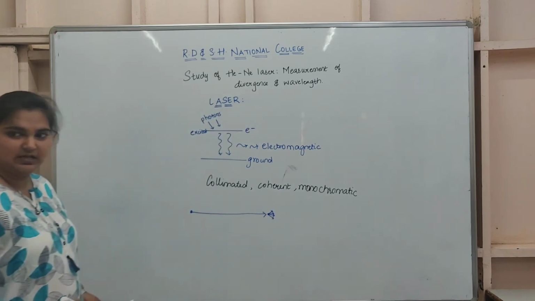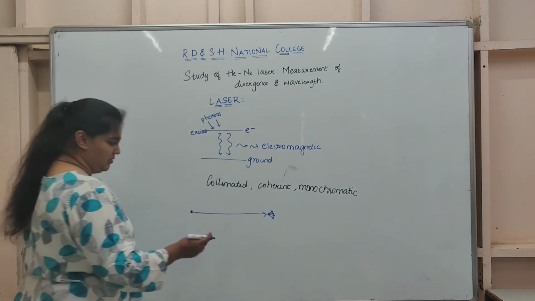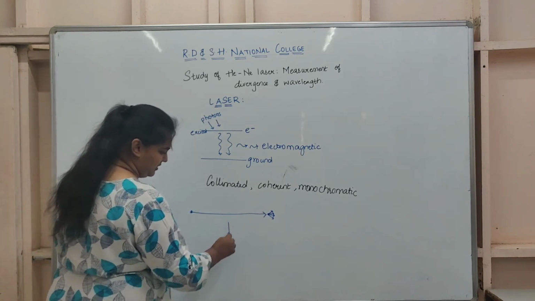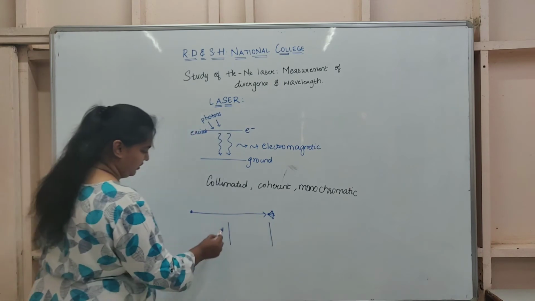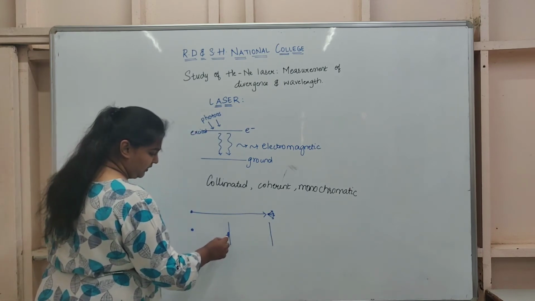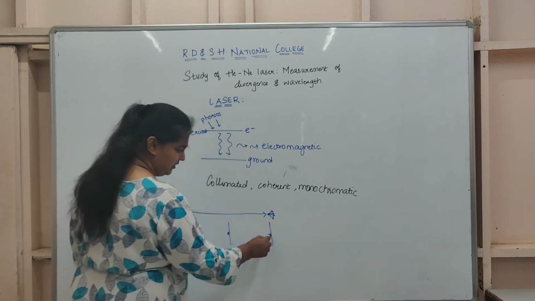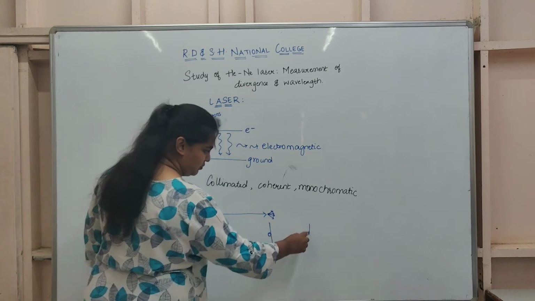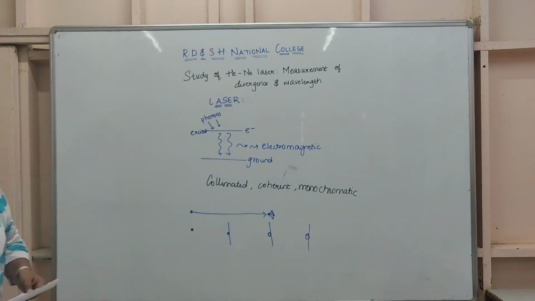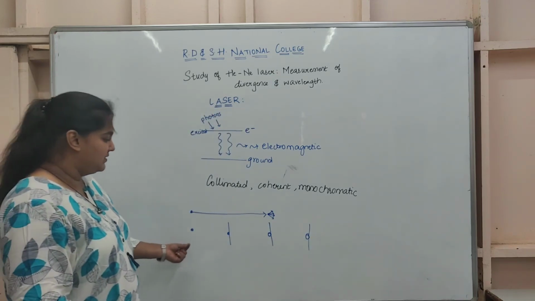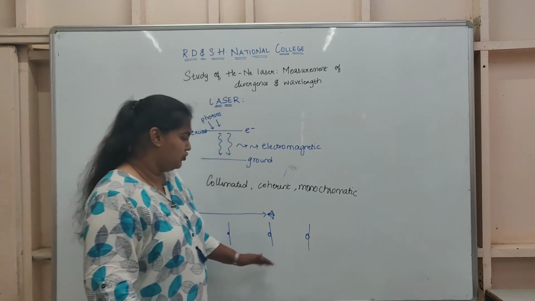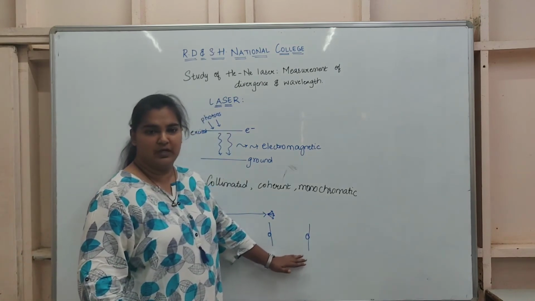If you keep a screen at different distances and note down the radius of the spot, with increase in distance, the radius or the diameter of this spot increases. This is known as divergence of light.